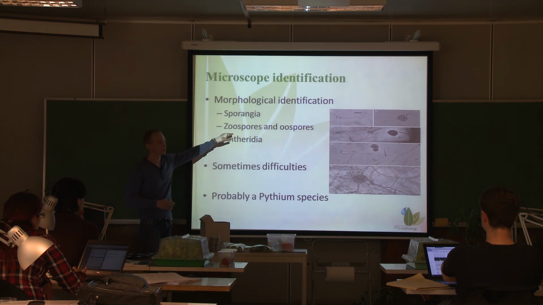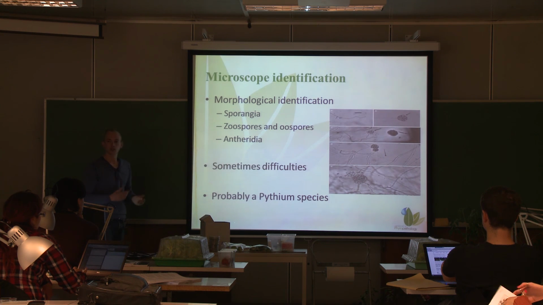Here, zoospore is the asexual spore of the pathogen, so it can swim in the water. And oospore is a sexual form of the spore for the conservation of the pathogen. In any case, you don't have this oospore every time, for example.